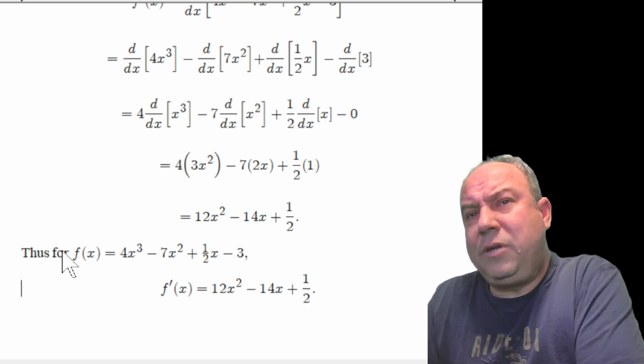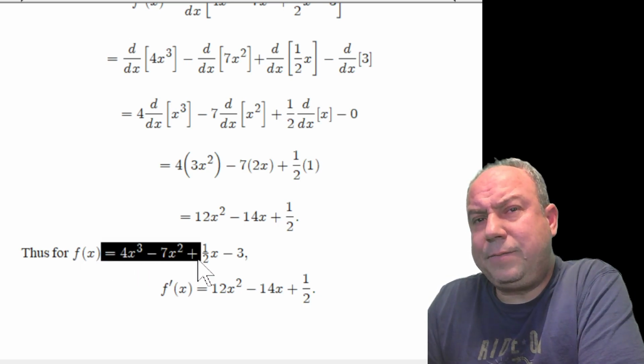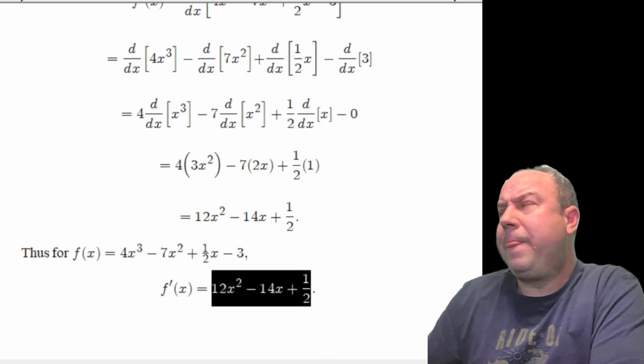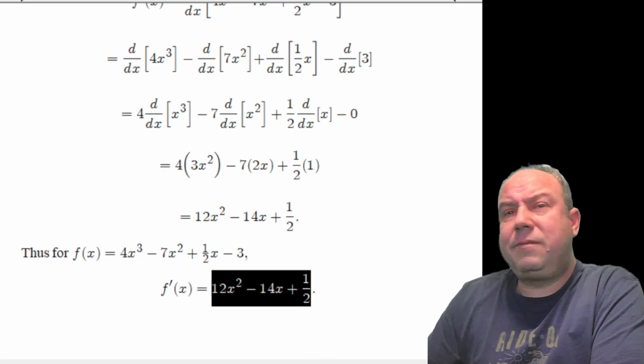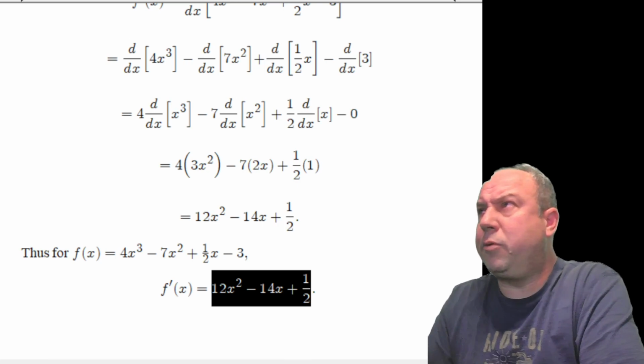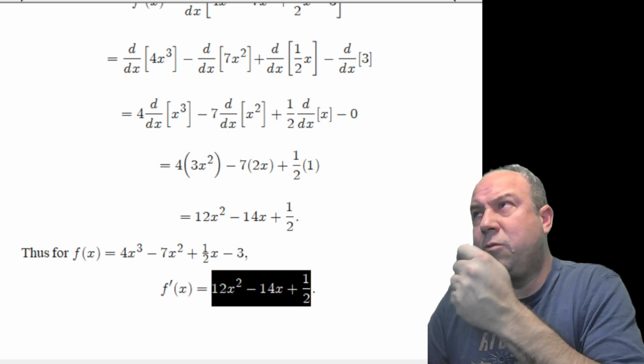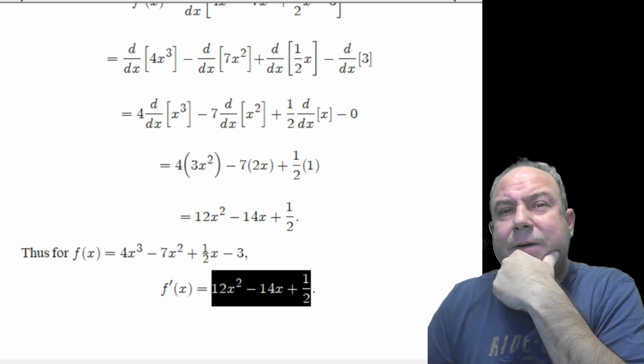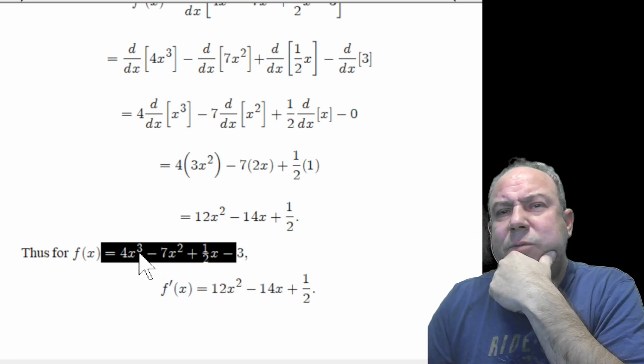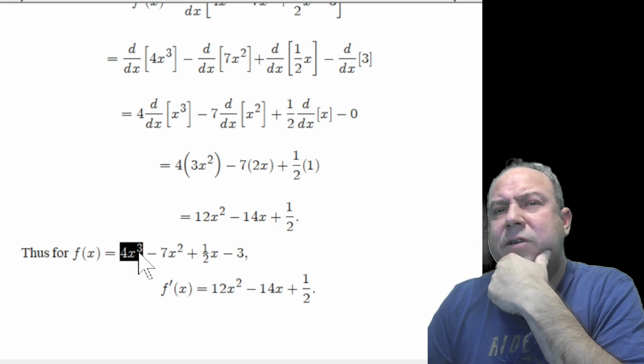And when you see the two side by side, you might actually start to see that that one could be found from the other pretty quickly. You go back and forth once you see all the rules collectively. It shouldn't be terribly difficult to see where this might turn into 12x squared.